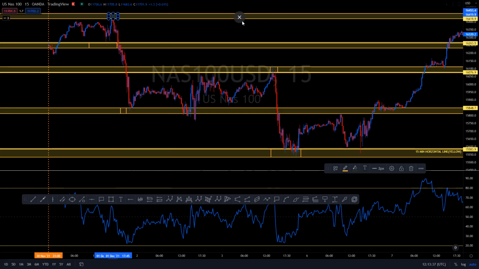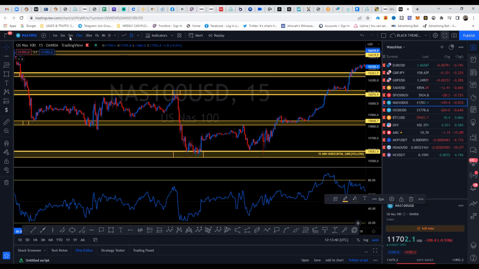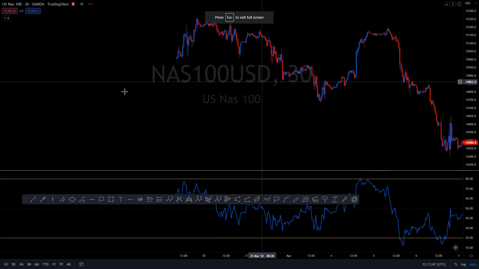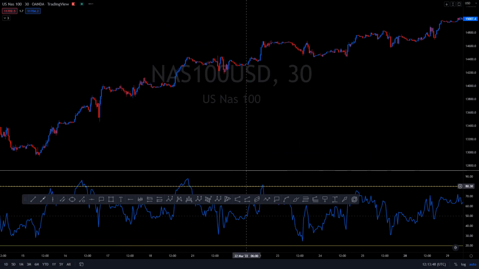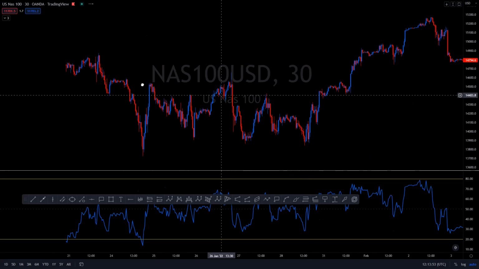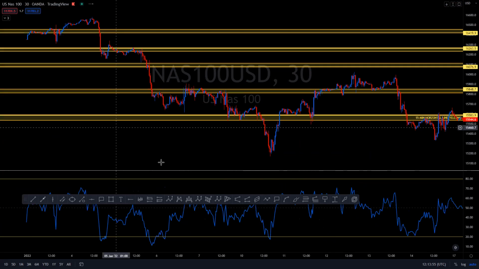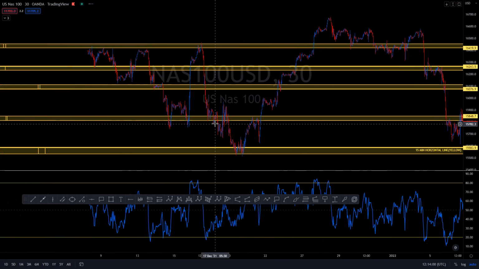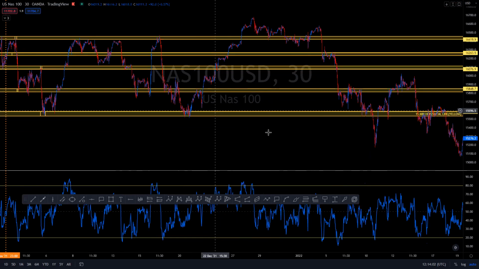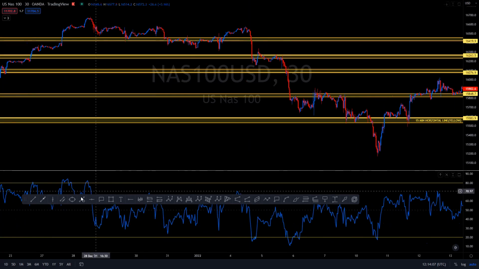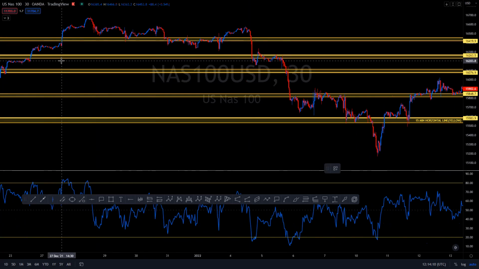All right. So now we're going to move on to the 30-minute time frame to do the same exact thing. So we're going to go all the way back to where we left off. Pretty much left off here. So I'm going to put my vertical line here.